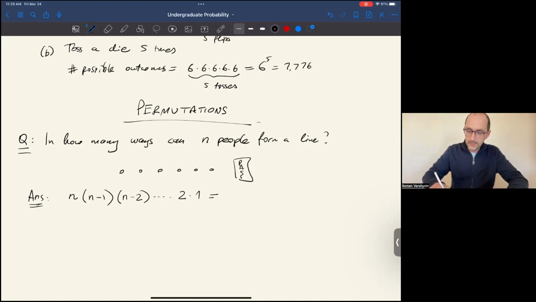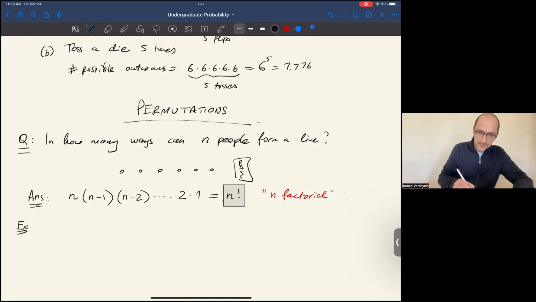And this number in mathematics is denoted with the exclamation mark like this, n!, and is called n factorial, the factorial of n. This is an important concept that will play a significant role in probability, as you will see.